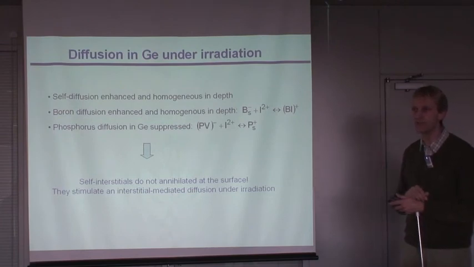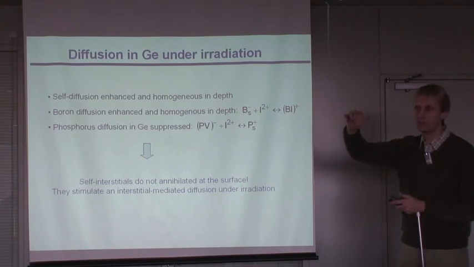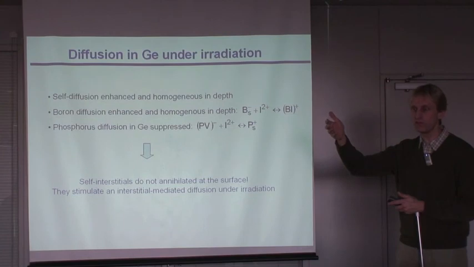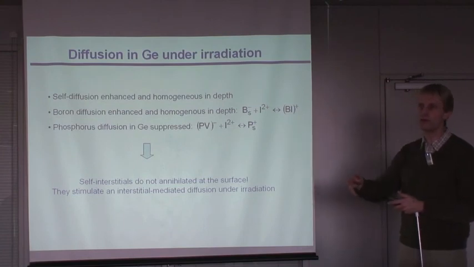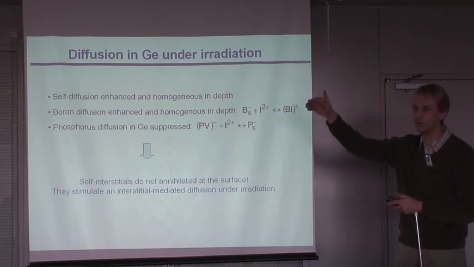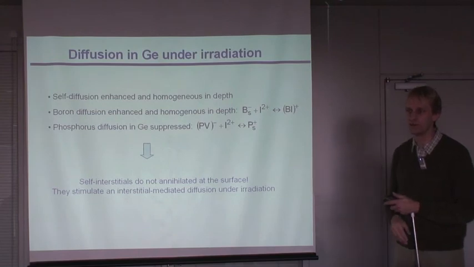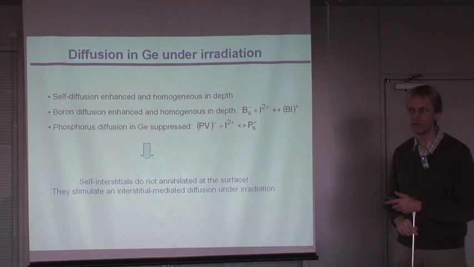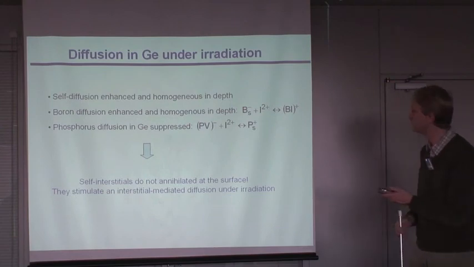And that's very interesting, also from the technological point of view, because now you can switch between a vacancy-controlled diffusion mode and an interstitial-controlled diffusion mode. Everything which is mobile under thermal equilibrium conditions is not mobile under non-equilibrium conditions. And that's really nice. You can switch the mobility of the defect just by irradiation.